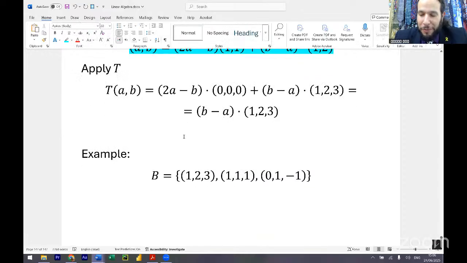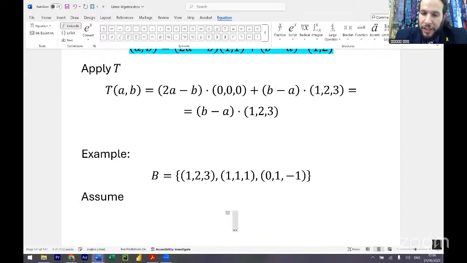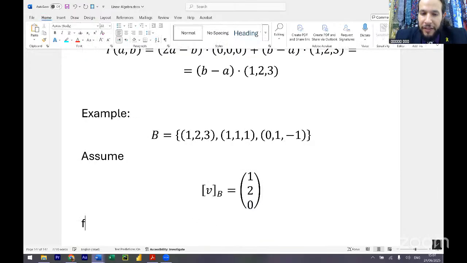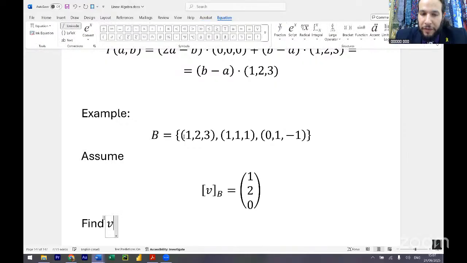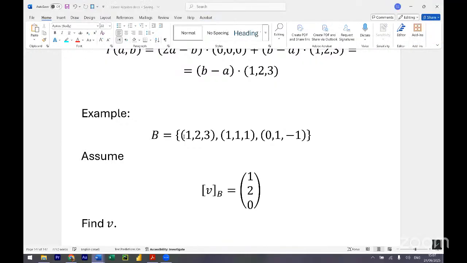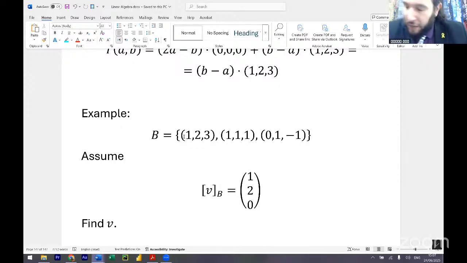This question will not be complex, even though I use the same basis. Assume that the coordinates of some vector v are (1, 2, 0). Find the vector v. So here we go the other way around. Instead of giving you a vector and asking about its coordinates, this time you are given the coordinates and you are asked, what is the vector?